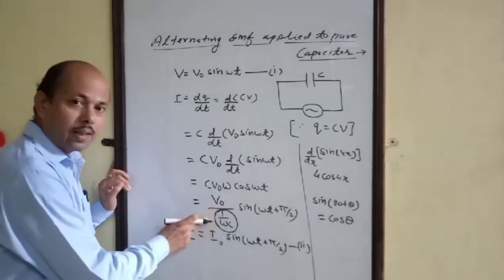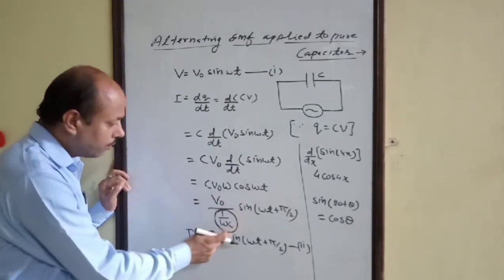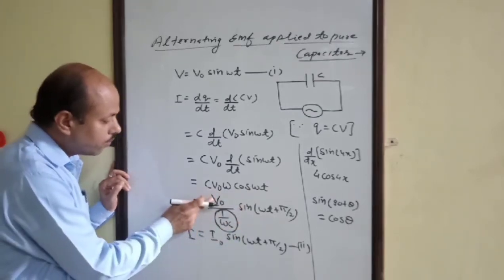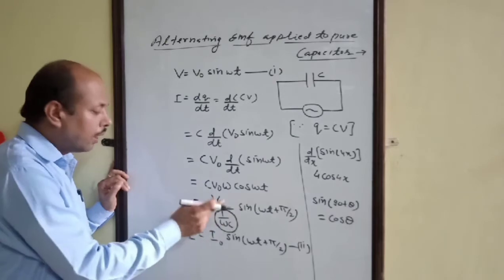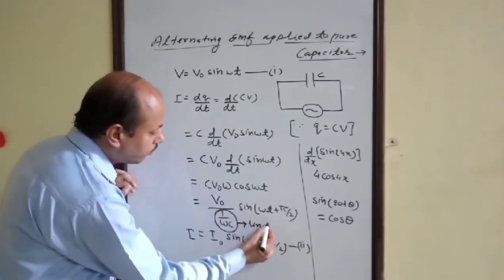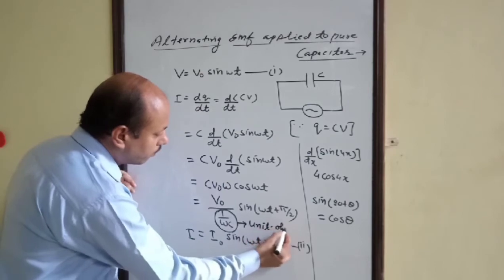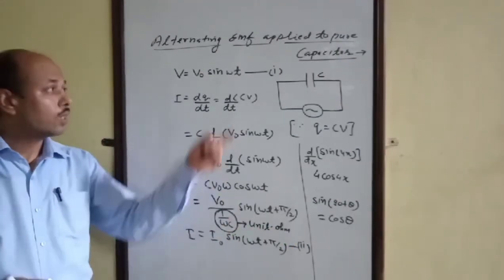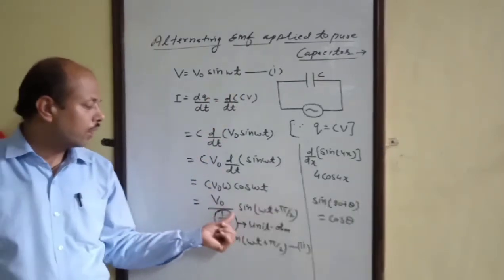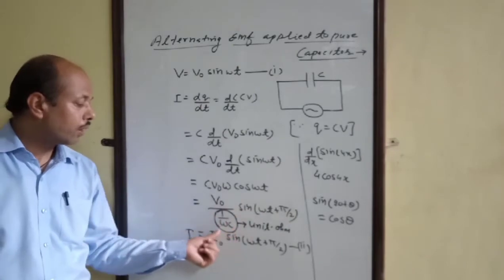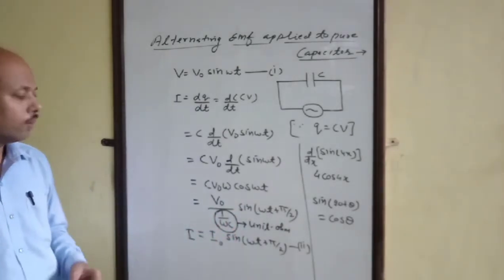And you can easily understand this whole quantity we are representing by the peak value of current. It means this is V naught upon opposition. And this opposition will definitely have the unit ohm. The name we will change according to the capacitor, but definitely this quantity will have the unit ohm. It means it will be the effective opposition of the capacitor.